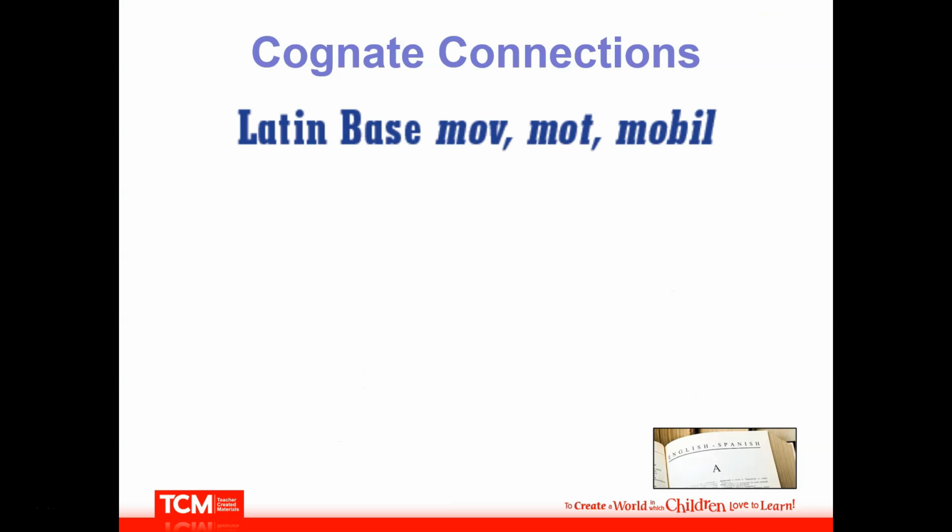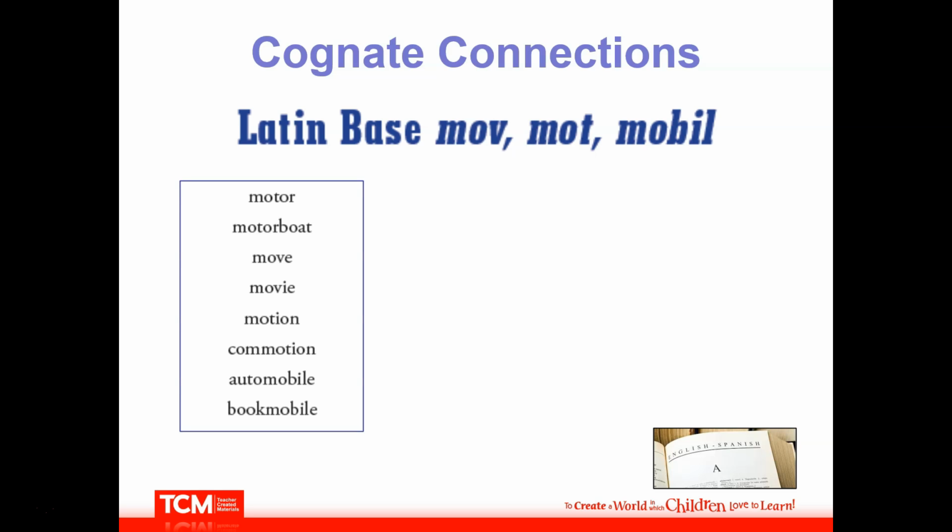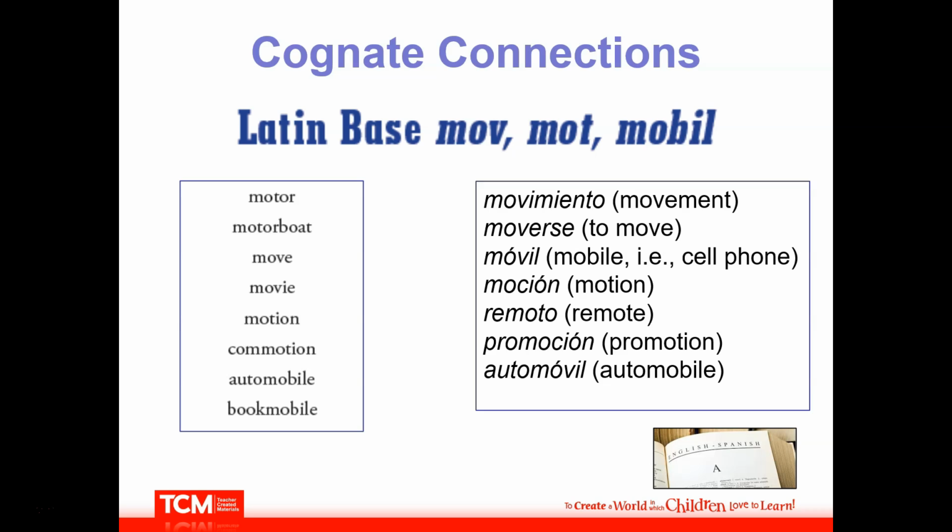And so we're going to take a look at cognate connections in those same three Latin bases that we used, MOV, MOT, mobil, and see how they're used in the Spanish language. And so if these are the English words that we engaged our students in with the particular vocabulary words from that activity, let's take a look at these direct Spanish cognates that the majority of our students have a good chance of being exposed to.